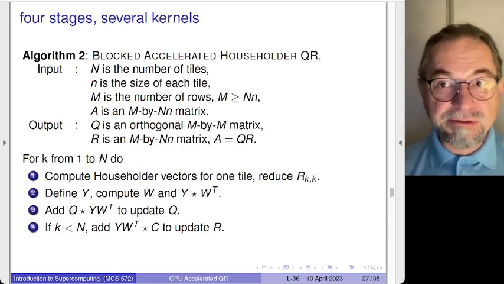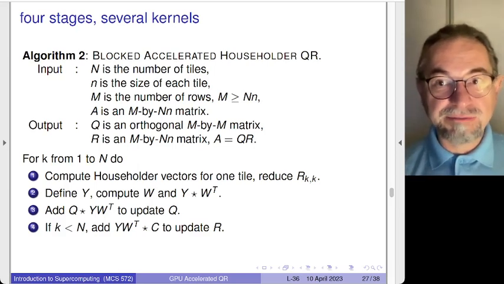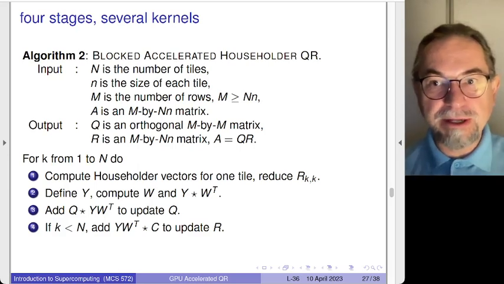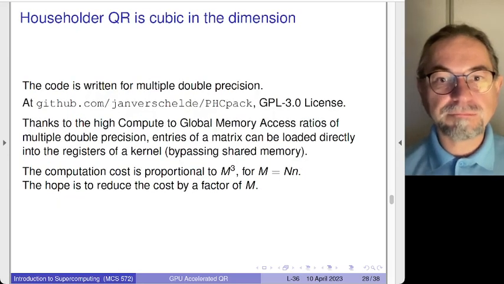Nevertheless, the great gain in the algorithm is in steps 3 and 4. So this is where a lot of computations are happening. And this is where the true massive parallelism of a GPU is really coming into play. So you can really see that the teraflop performance pays off.